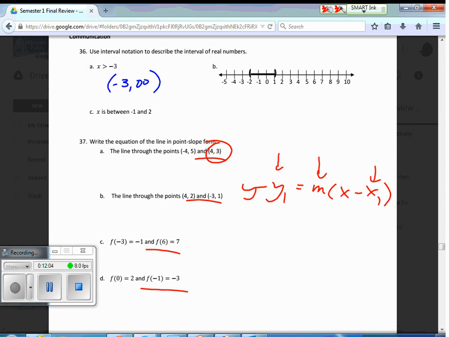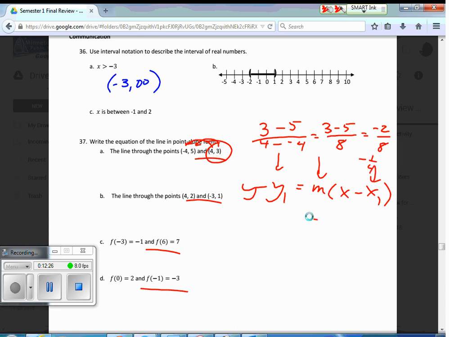Okay, so I'm going to show you one real quick. First of all, I'm going to figure out the slope. The slope is going to be 3 minus 5 over 4 minus negative 4. And that's going to mean 3 minus 5 over 8, which is negative 2 over 8, which is negative 1/4.